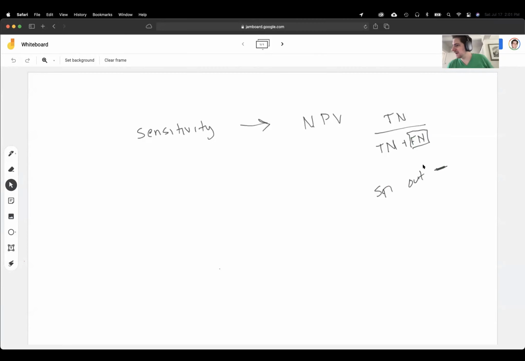Okay, so the whole point of a highly sensitive test is that you don't want anybody to walk out with that false negative. Let's say we have COVID. The whole point is nobody's allowed to walk out of your office with a false negative result.